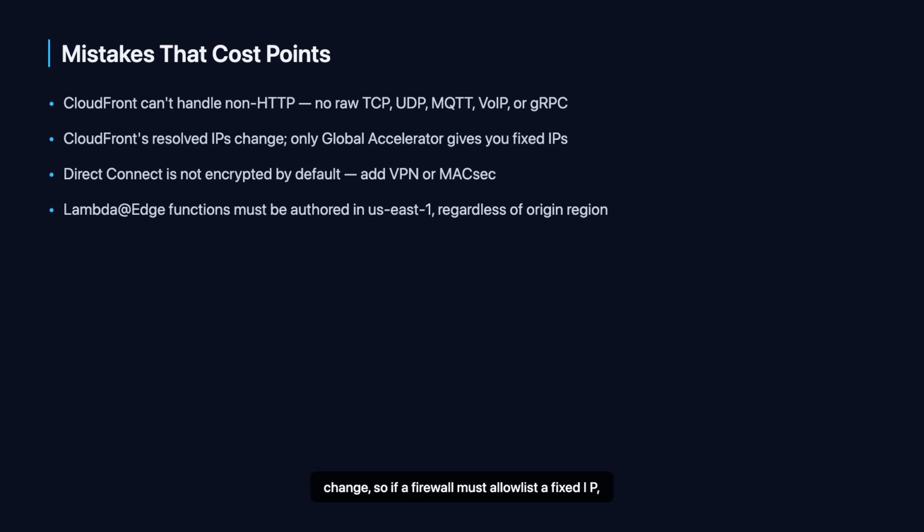So, if a firewall must allow list a fixed IP, only Global Accelerator's 2 static IPs work. Third, Direct Connect is not encrypted by default. You add VPN or MACsec for that. And fourth, Lambda Edge functions must be authored in the US East 1 region, no matter where your origin sits.